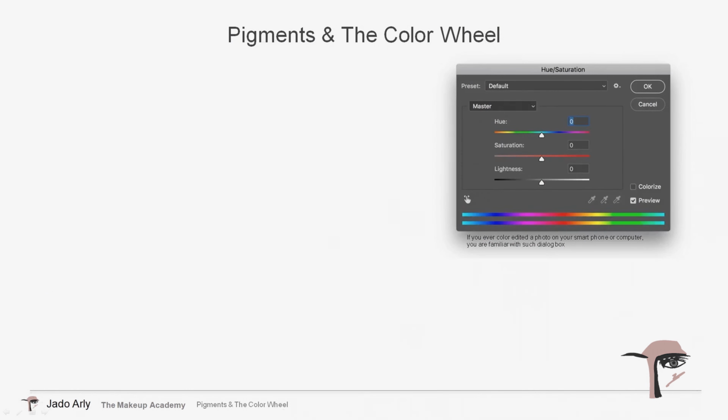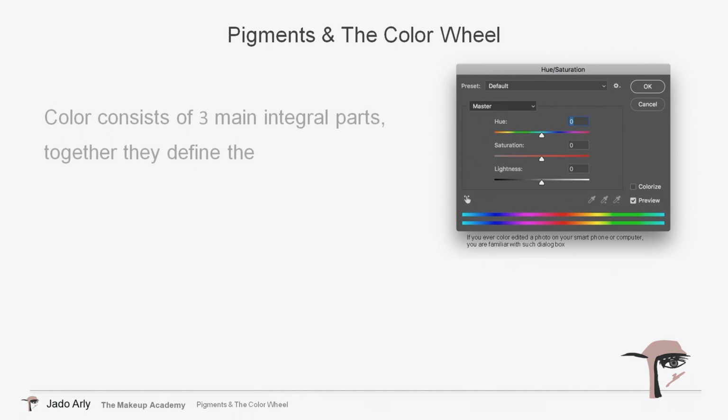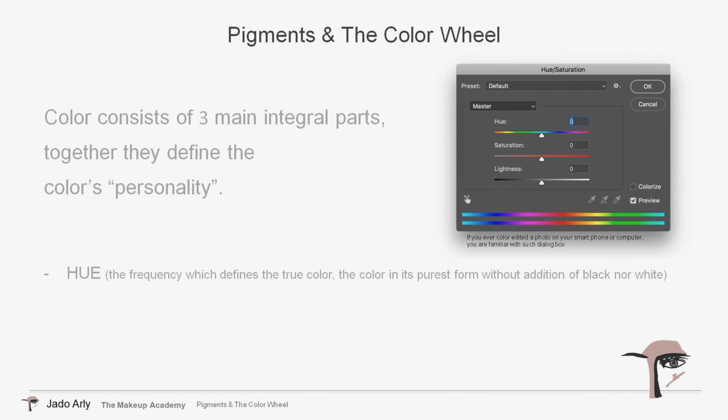Wonderful. Now let's take it one step further and start mixing our true colors with black, white, and gray, understand saturation, and understand value. Every color has three main integral parts, and this is inherently with every color. There's the hue, and that is really the frequency that defines the color.